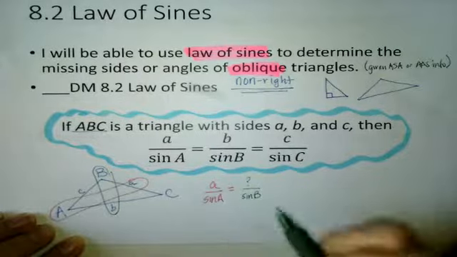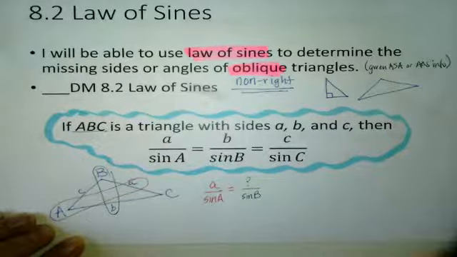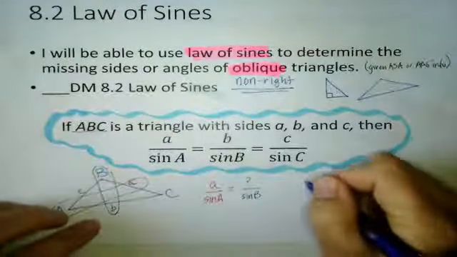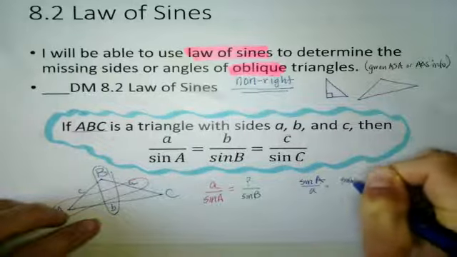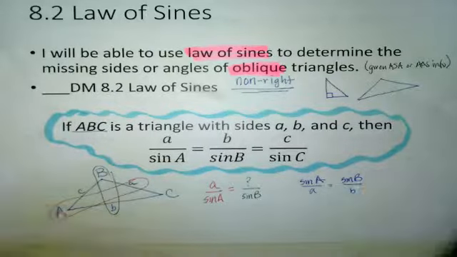So we can set up any kind of proportion. The reciprocal is also true. So we could flip all of these things. So we could write sine of A over a equals sine of B over b. And it doesn't matter. So the reciprocal relationship is also true.